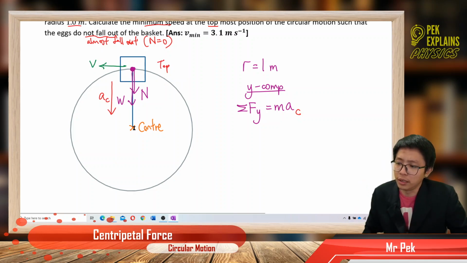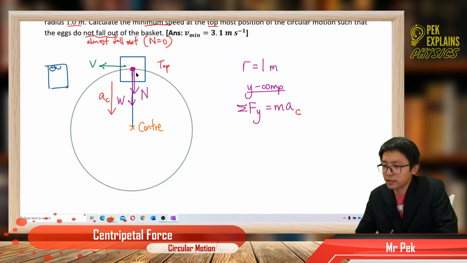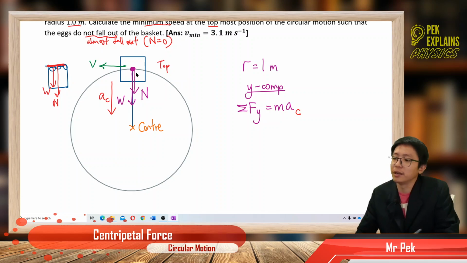So here's the egg. If you imagine it, the egg experiences a normal force from the bottom of the basket, and also its own weight.